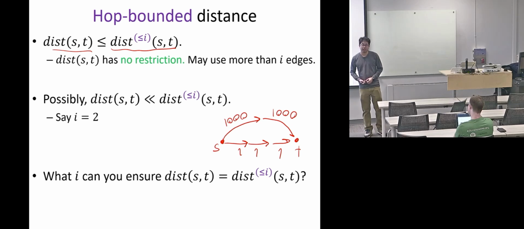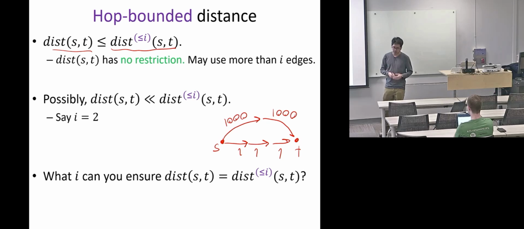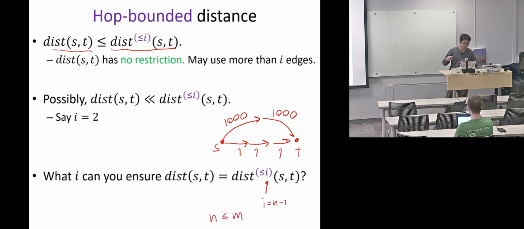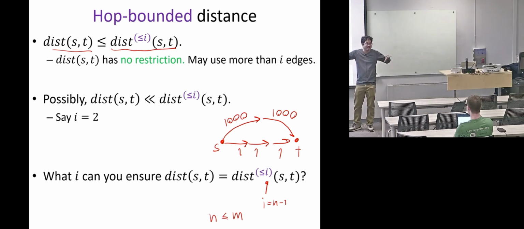Good. So you said n-1. Usually we assume that n-1 is at most m, because otherwise the graph is not even connected. So this bound is better than that bound, and that's true.